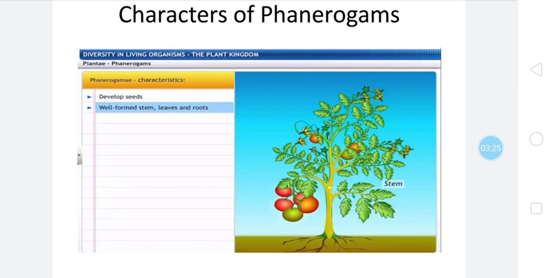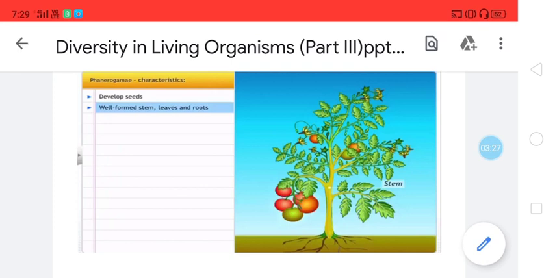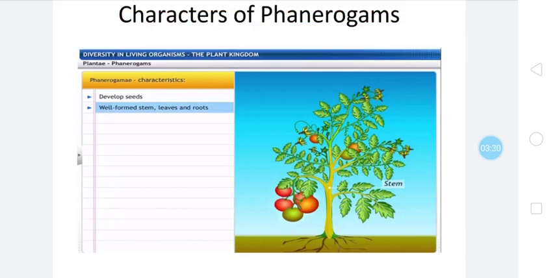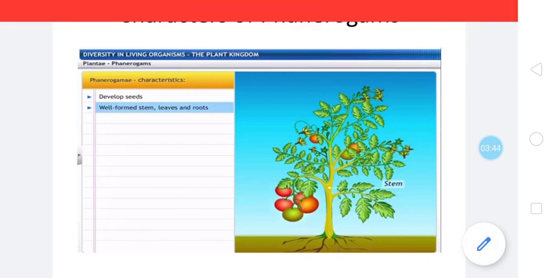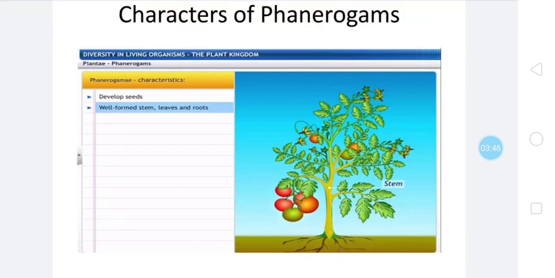Conduction of water and conduction of food is required for these plants which are living on land, away from the water. So water which is absorbed from the soil needs to be transported, it needs to be conducted. So a transportation system is required.